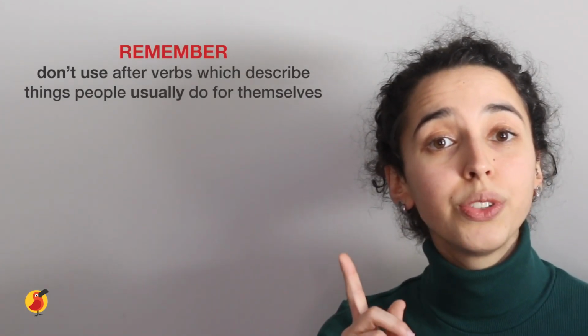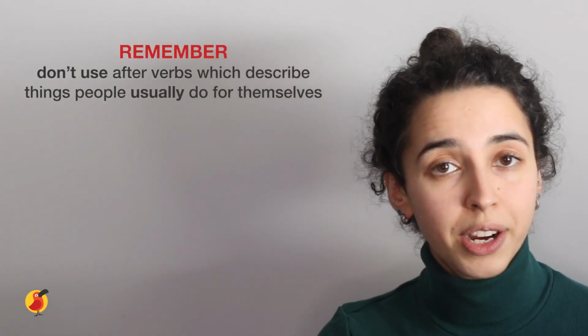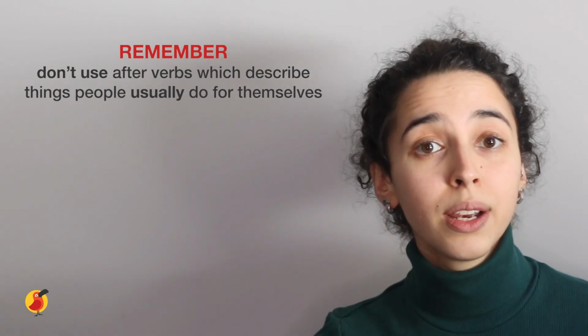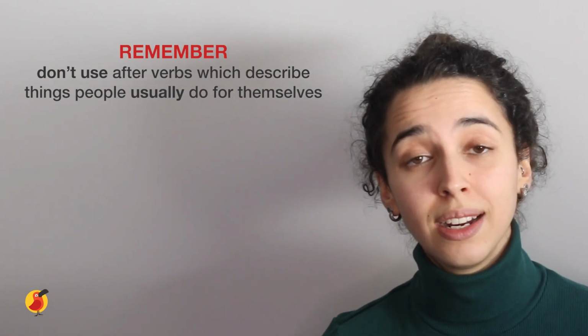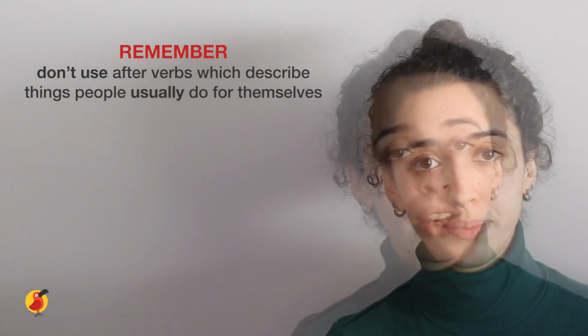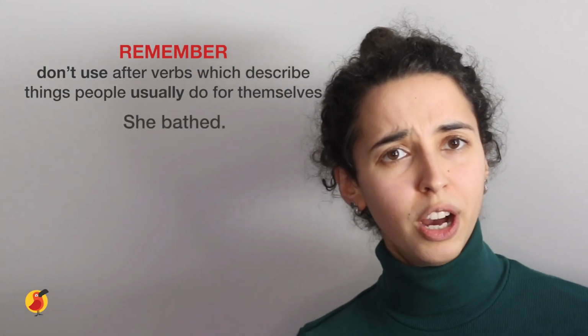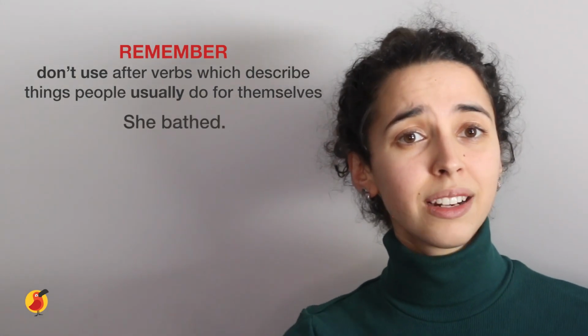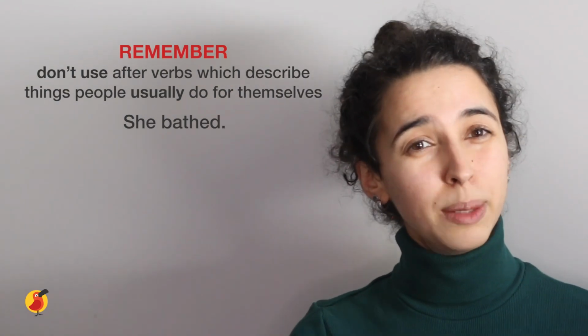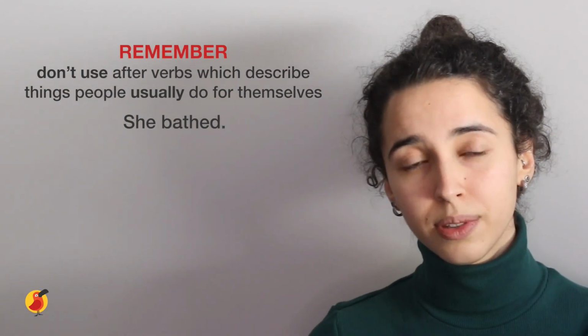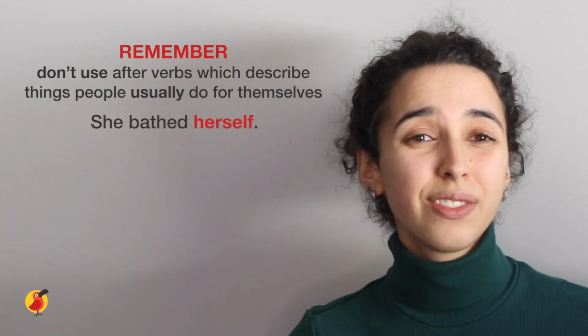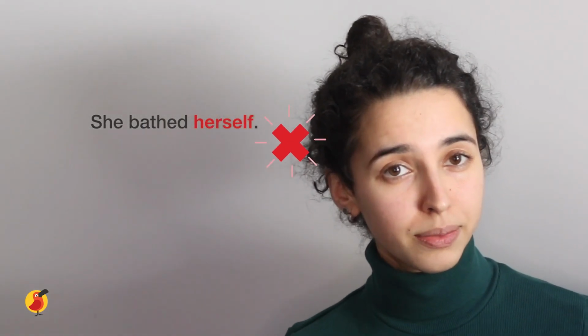Remember, we don't use reflexive pronouns in cases where the action is usually done by the person. For example, she bathed. The act of bathing is something that people usually do for themselves. In this case, we don't have to say she bathed herself.